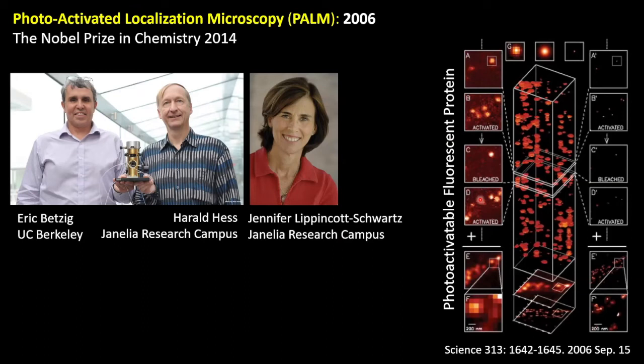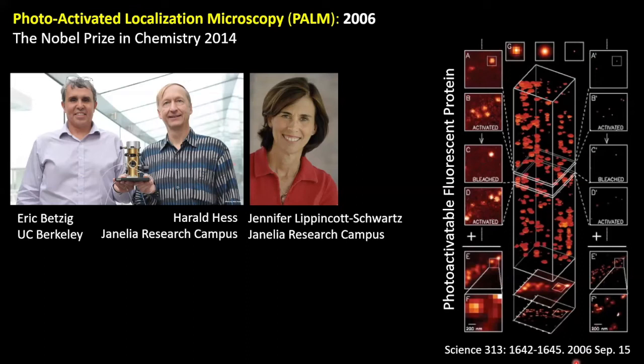You keep doing this many times, and because the point spread function is based on Gaussian fitting, you know exactly where the center of the fluorescent protein is, and then you know the exact coordinate. For example, it becomes a spot here, and with time, accumulating all this information, you get a graph. All these coordinates will generate a graph. This paper was first published in Science in September 2006.